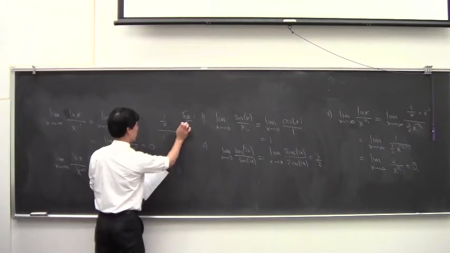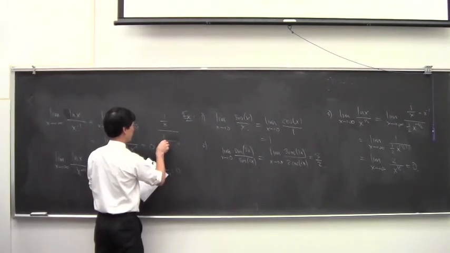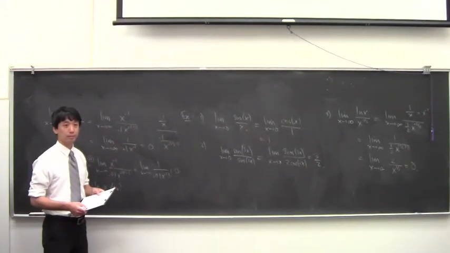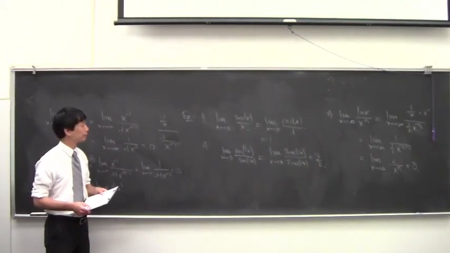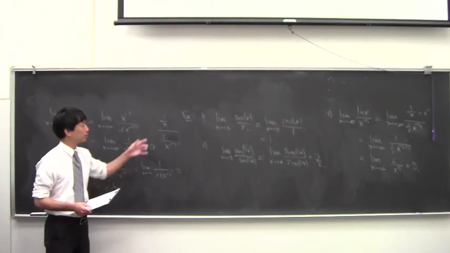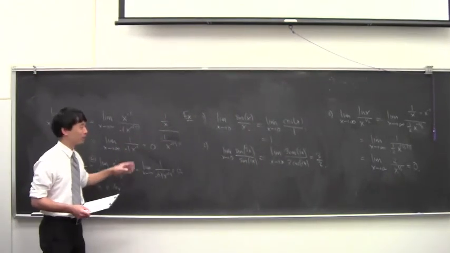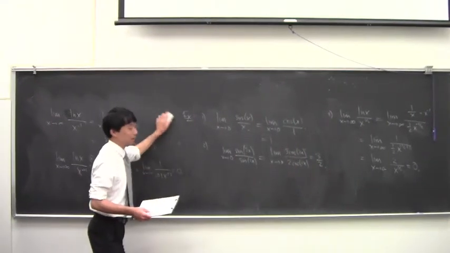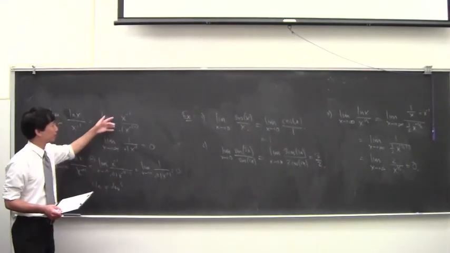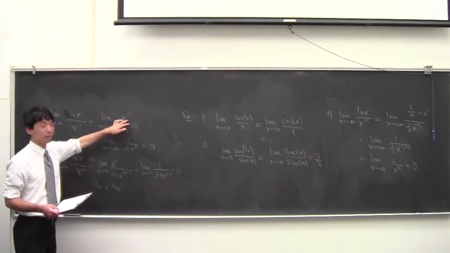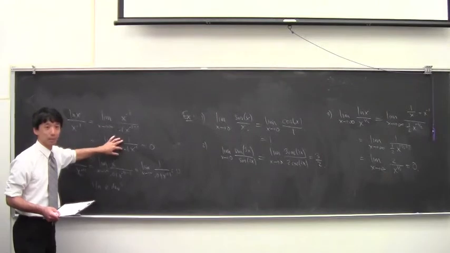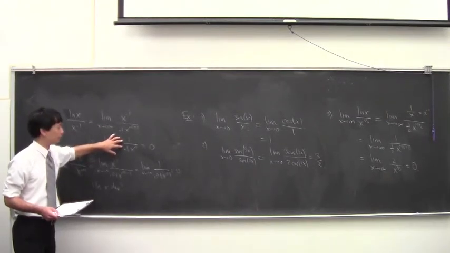So what is this? This is 0.1 over x to the 0.99. You can't take them separately. This thing you're talking about is the same as this, so it goes to 0.